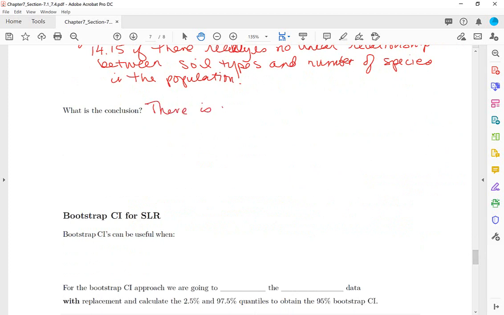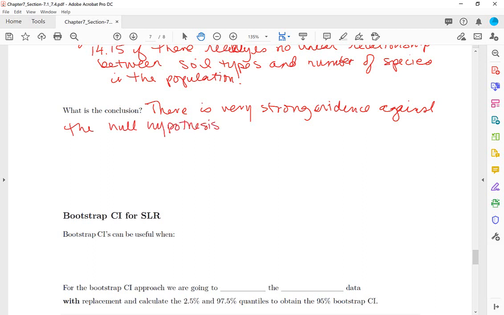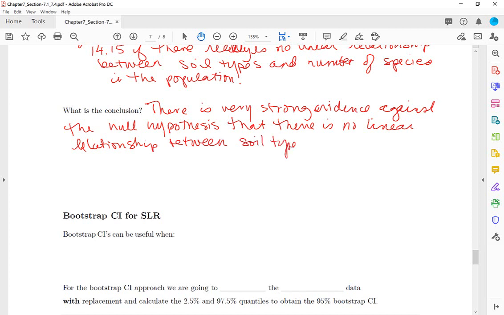So there is very strong evidence, since this is a small p-value, against the null hypothesis that there is no linear relationship between soil types and number of species in the population.